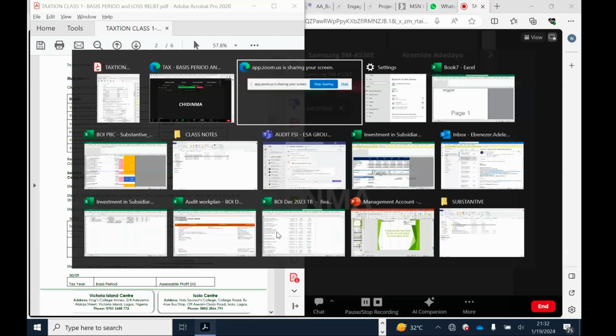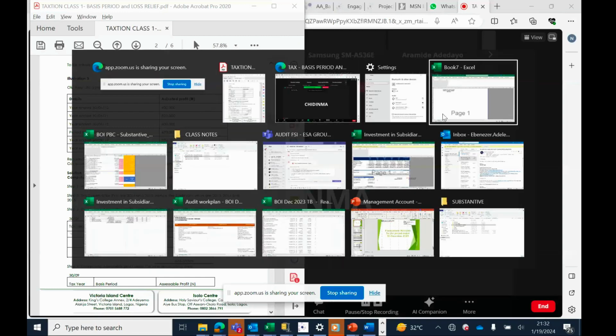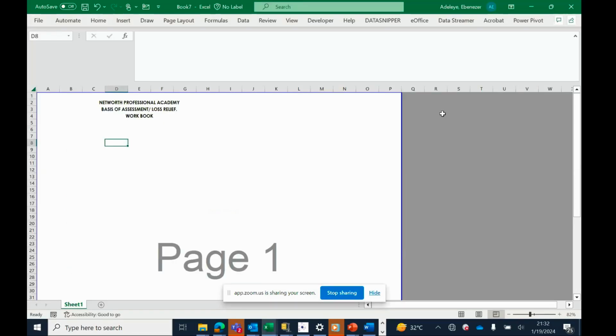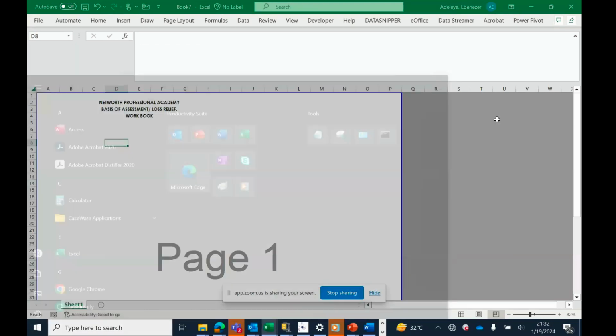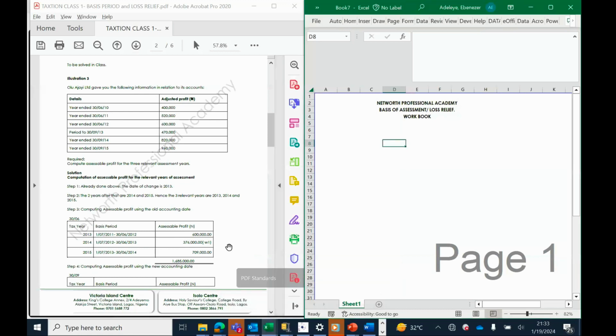Then I can look for the Excel and also split it this way. All right. So we can see both, right? Are both clear? The first screen and the second screen. Sorry, please, can you answer? Are they both clear? Yes, sir. All right. So we have the question on the left, we have the response on the right.